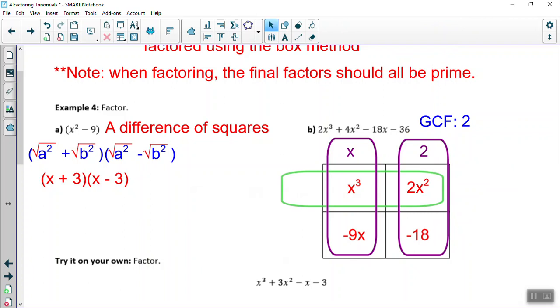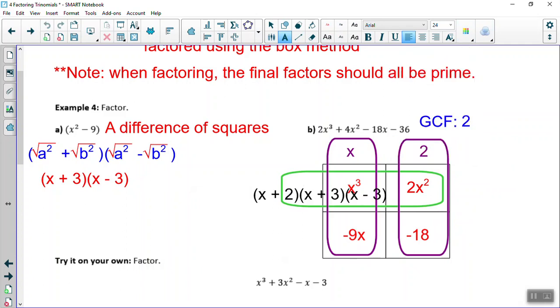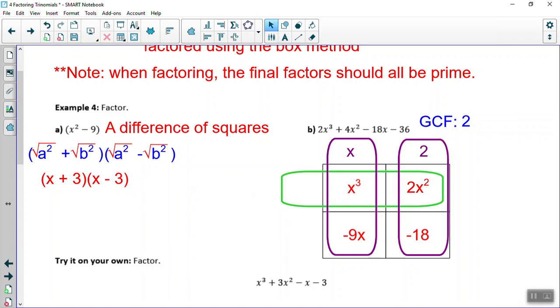So when we do, this only has a coefficient of 1, but they do both have at least, in this case, 2 x's. So I can factor out the x squared.